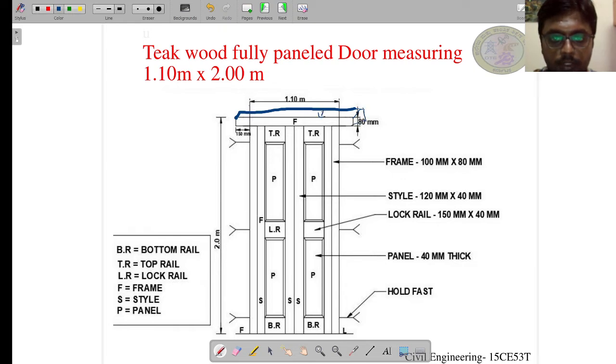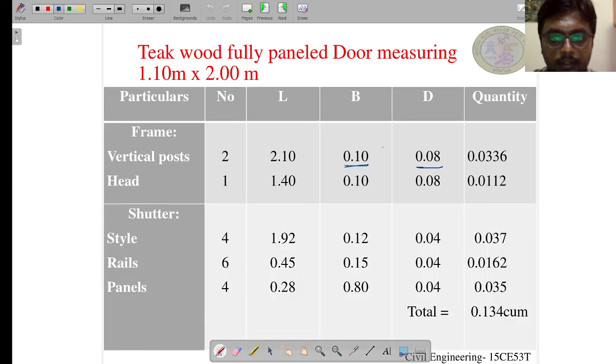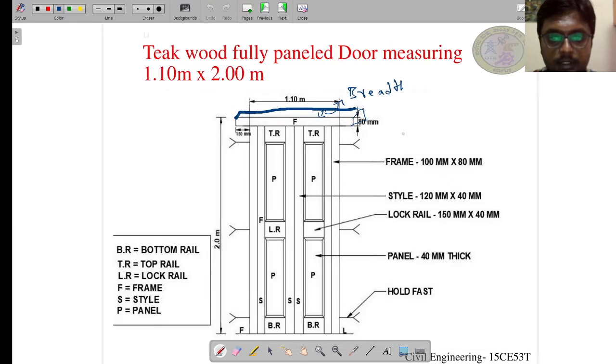So this becomes the breadth of the head. The depth is same as the frame, which is 80 mm.